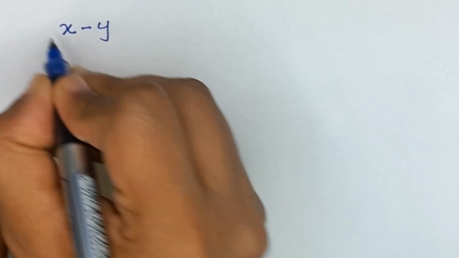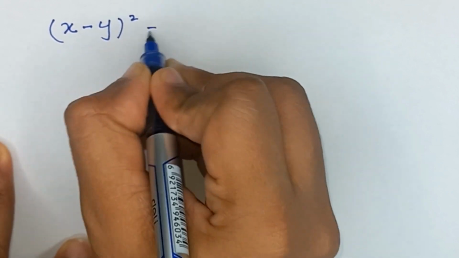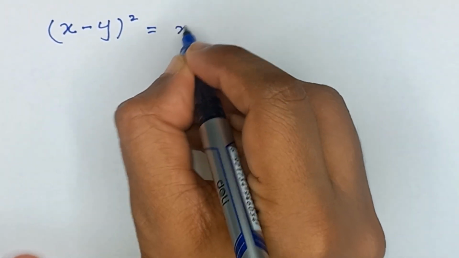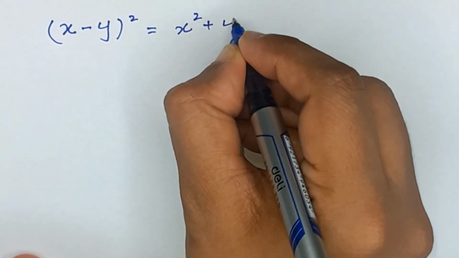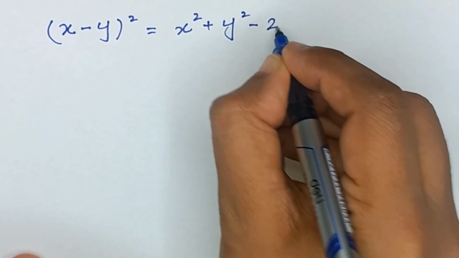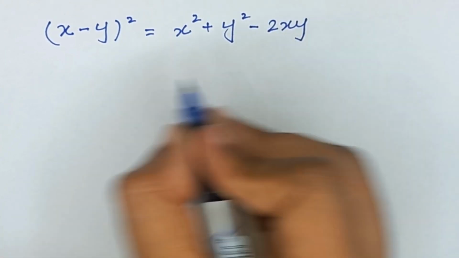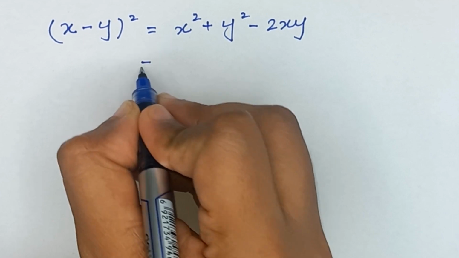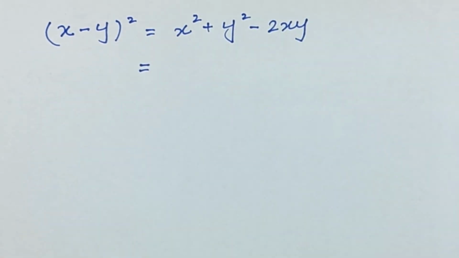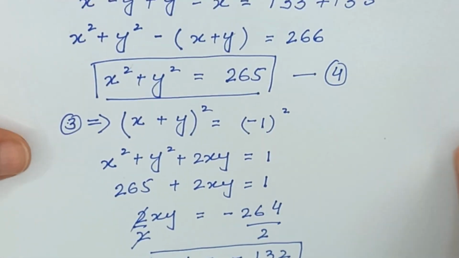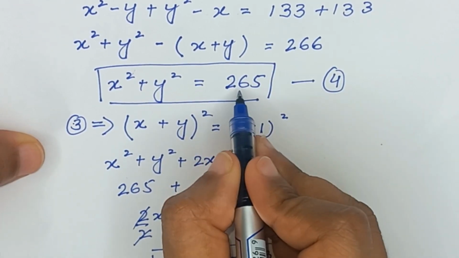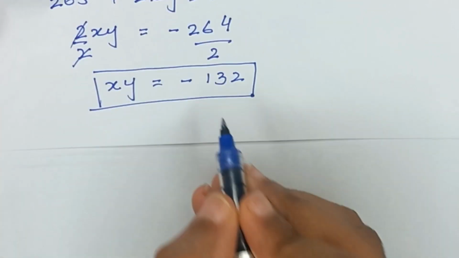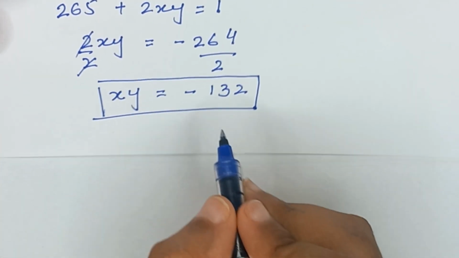Now I will use here this identity that (x − y)² is equal to x² + y² − 2xy. From here we have the value of x² + y², which is 265, and also the value of xy, which is −132.